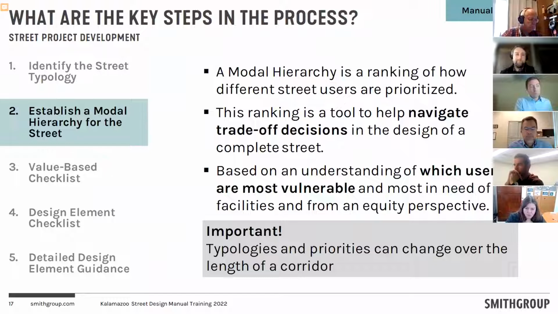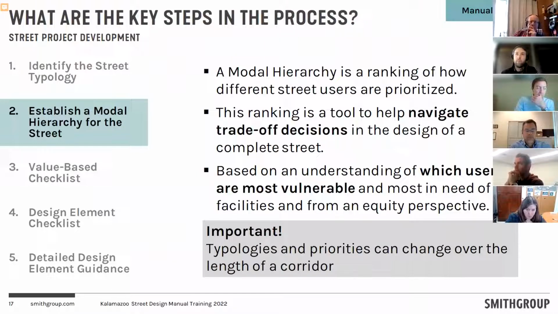So as we talked about this issue of the modal hierarchy, and how do we really go about establishing it? It is really important, as I said before, in terms of navigating those trade-off decisions. So if you've got so much right of way and you have to figure out, is it really important for us to get a bike lane on this street or not?